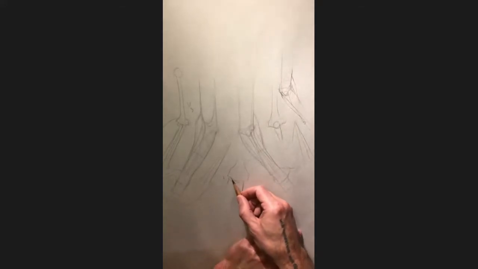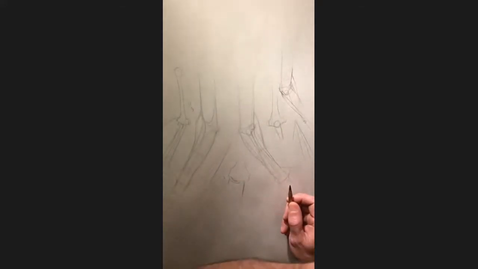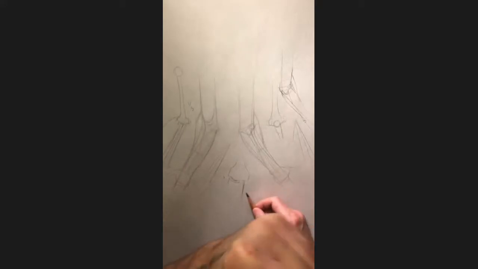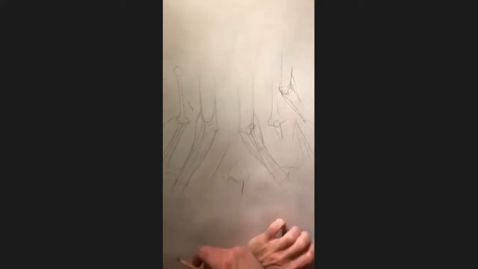Now, what this little ball here allows the radius to do is it allows it to twist like this, right? And it'll basically bring the lower section of the ulna along with it.